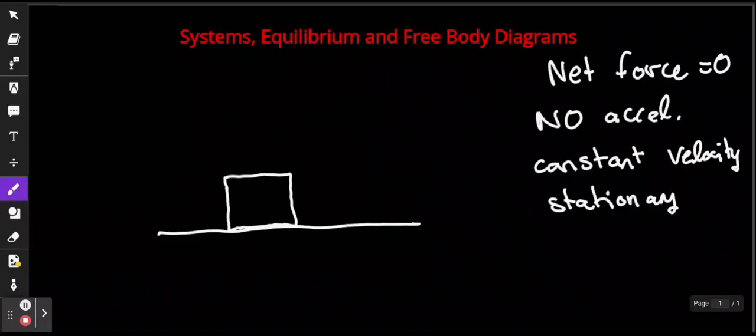Okay, let's imagine that this block is you, and all your mass is condensed at its center of mass. We know that since we're on Earth, we have a force pulling down on us, which is going to be your mass times the gravity of Earth. We know this because of Newton's second law, where F equals ma, and mg is going to be the force of gravity.